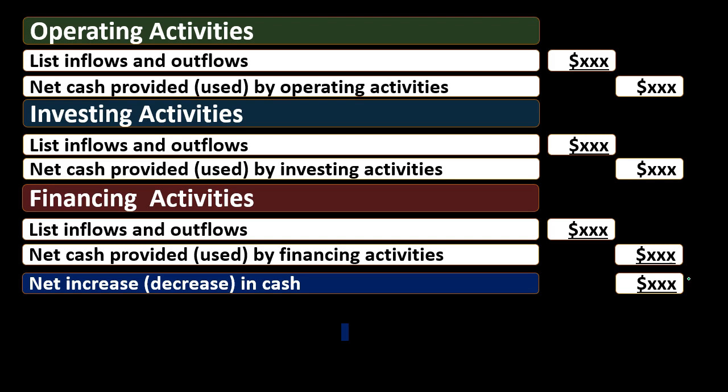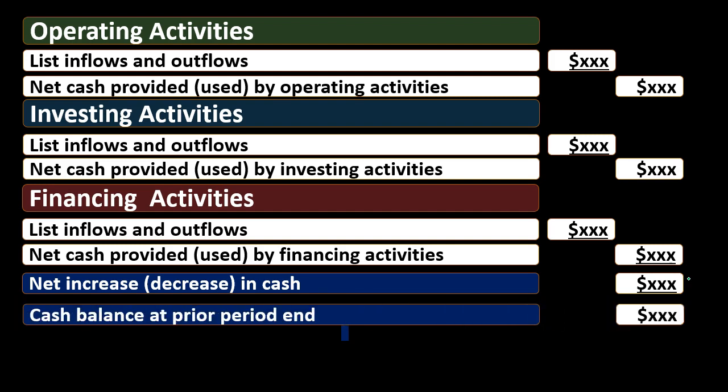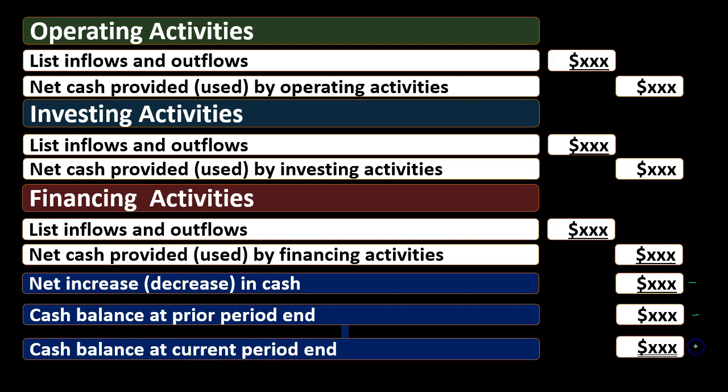So we'll take this change and add to it the cash balance at the prior period end. We're going to say, here's the difference, here's what changed, here's what the cash was at the beginning of the time period, which is the same as the end of the last time period. And then that'll give us cash at the end of the period. So this cash then is what will tie out to the balance sheet.